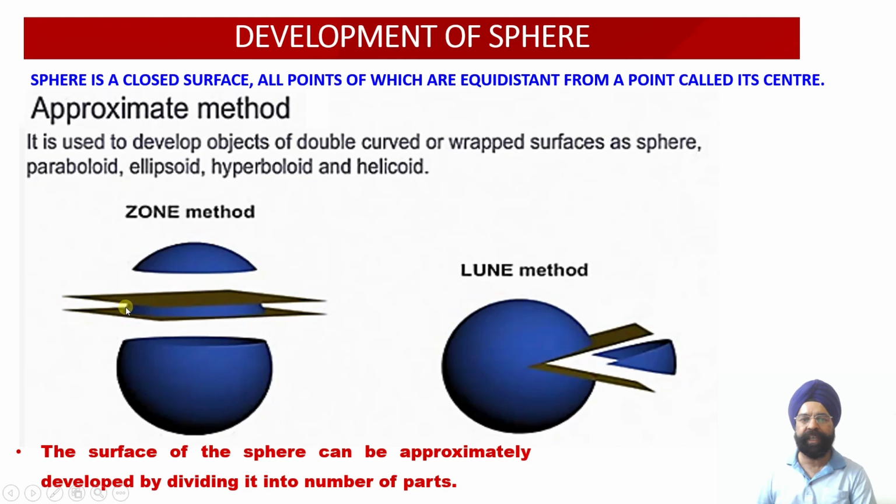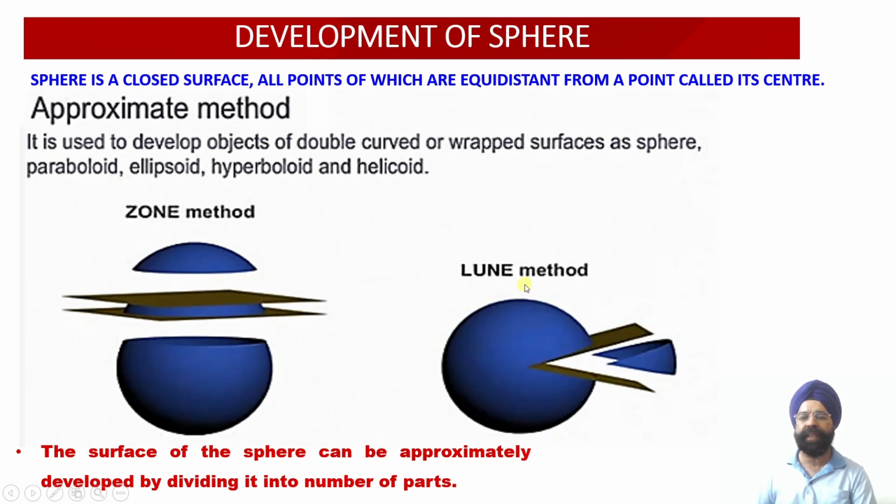Similarly, if I join these 2 edges also, we assume that this is a cone in which the upper portion has been removed and we are left with a frustum of a cone. So the zones or segments corresponding to the upper hemisphere are developed as multiple frustums of cones. We have discussed this in the previous lecture.